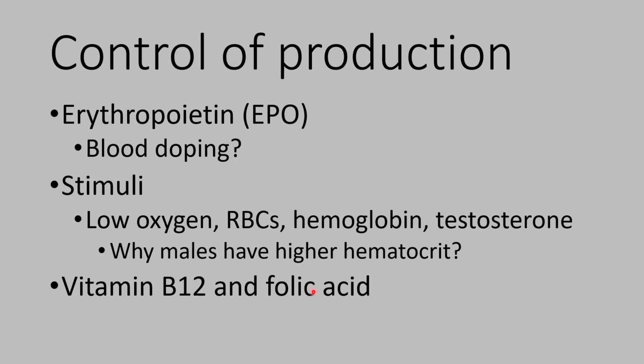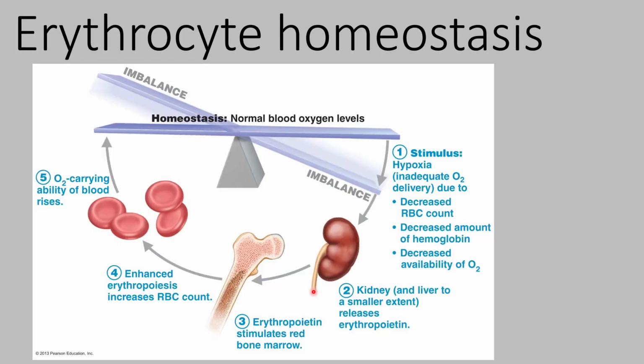If you don't have iron in your diet being absorbed, and if you don't have B12 and folic acid, well, you can't make adequate hemoglobin and red blood cells. We're going to come back to that in just a moment.